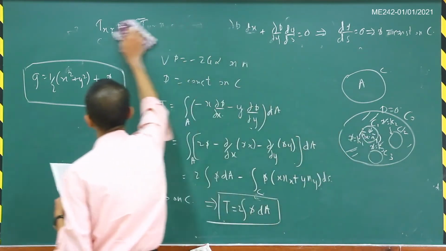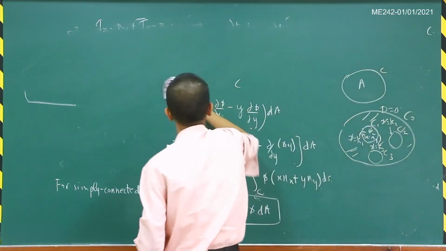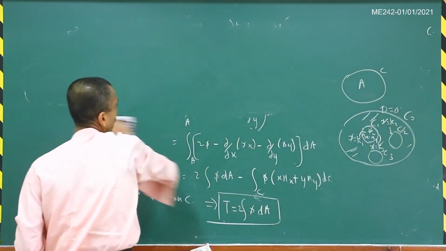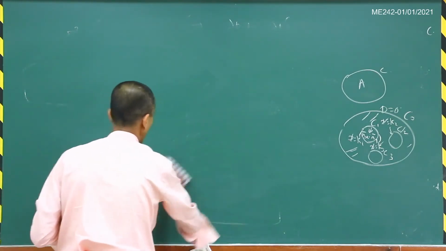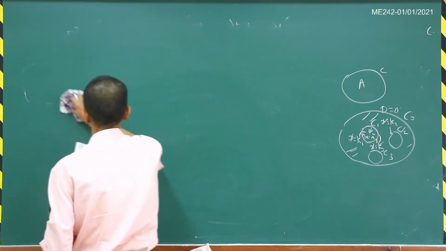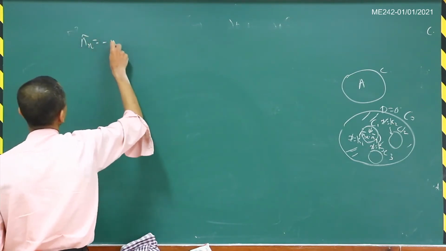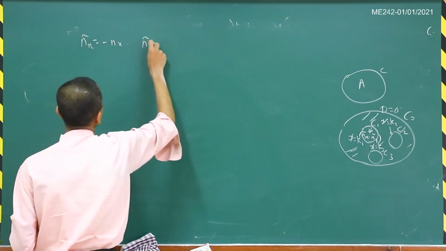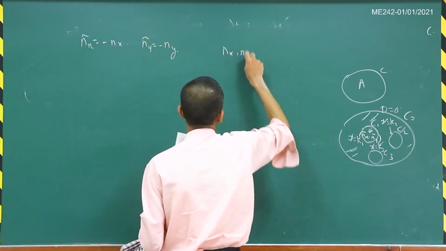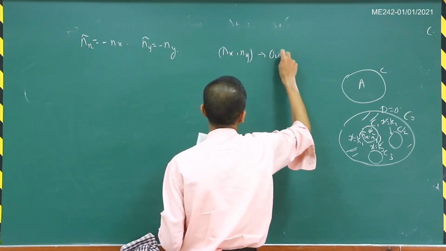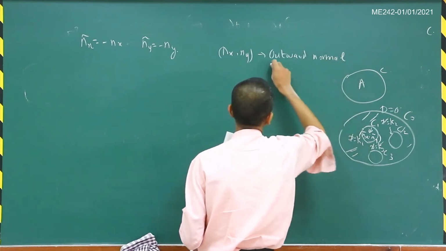Suppose I take the outward normal to the holes, then nx tilde will be equal to minus nx and ny tilde will be minus ny, where nx and ny are the outward normal to the holes.